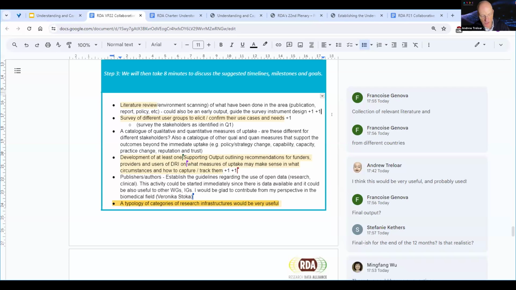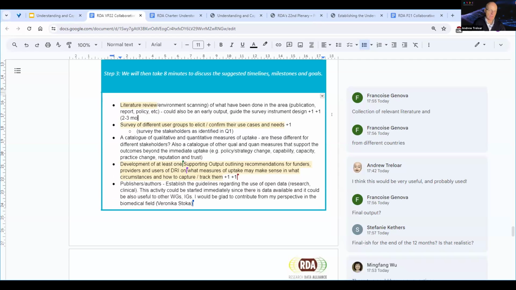Now, it might be possible to do it in two months if you had someone who had half of their time to work on it, or they knew the literature already. But if we were coming in cold, and this is an area where I don't know the literature, and we don't have a dedicated resource, I suspect it's going to take a while. Okay, so what would you guess?